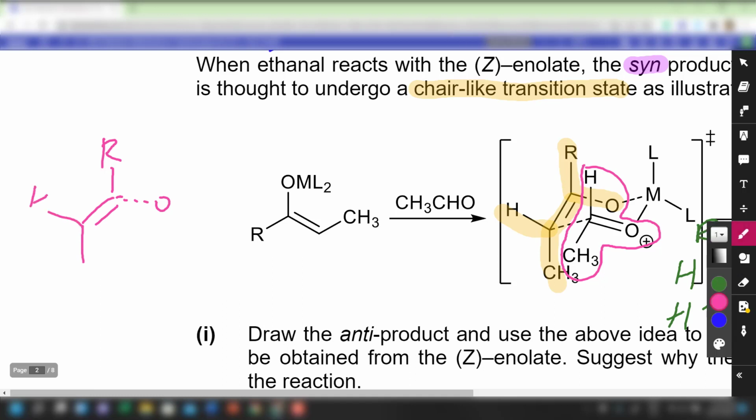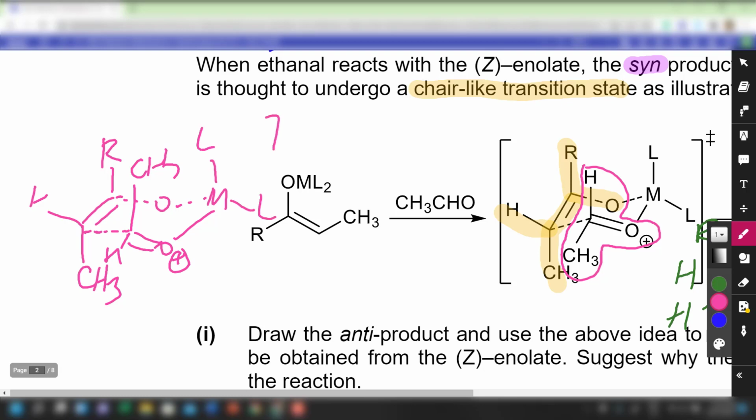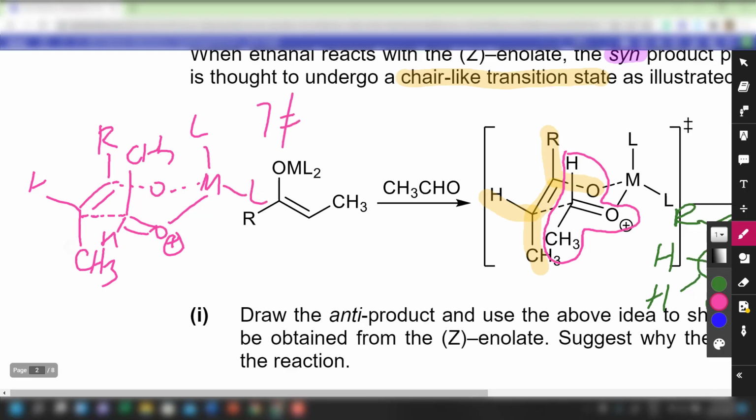And then this is the CH3. And then dot, and then this is the carbon. So now I have the CH3 above. This is the H, and then this is double bond O, and then the M, and then this with a plus, and then L. This is the transition state we're talking about.